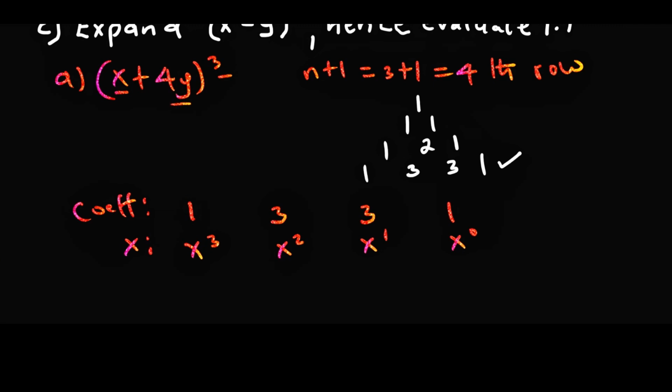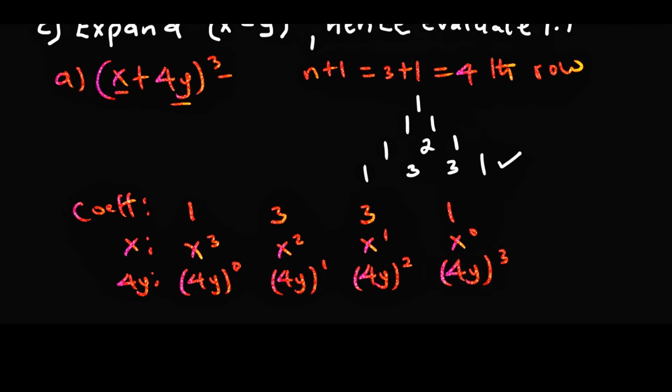In our case, B is 4y. So the powers of B normally increase from 0 to n. So you want to have 4y raised to power 0, then 4y raised to power 1, then 4y raised to power 2, then 4y raised to power 3.